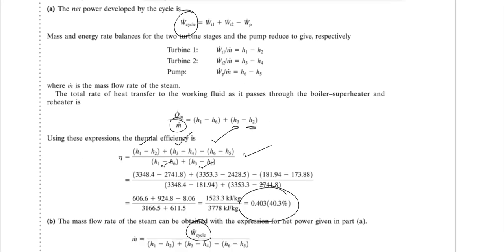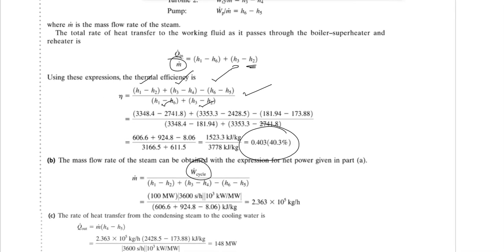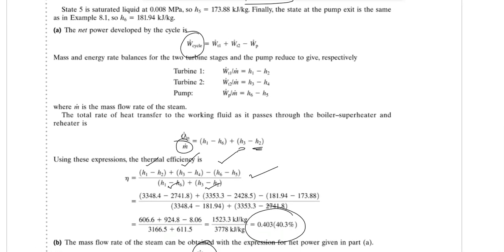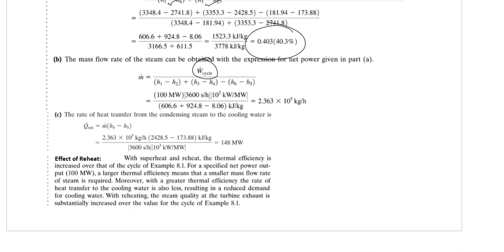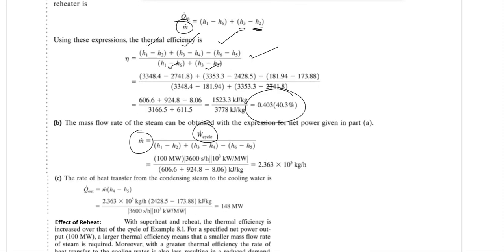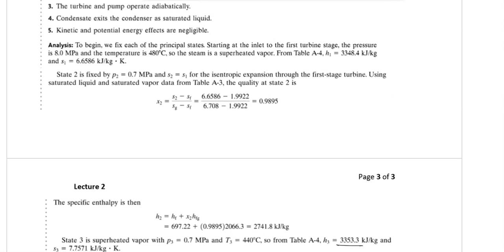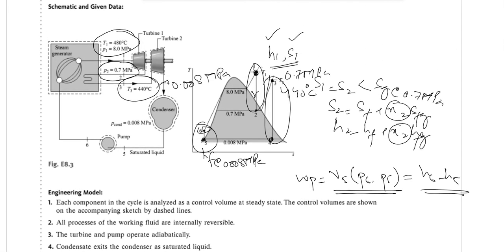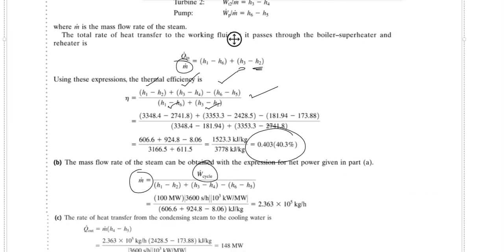Then, putting in the values, you can find the mass flow rate of the steam which is actually required. Q out would be the mass flow rate multiplied by the heat transfer from 4 to 5. That's what the question was actually asking.